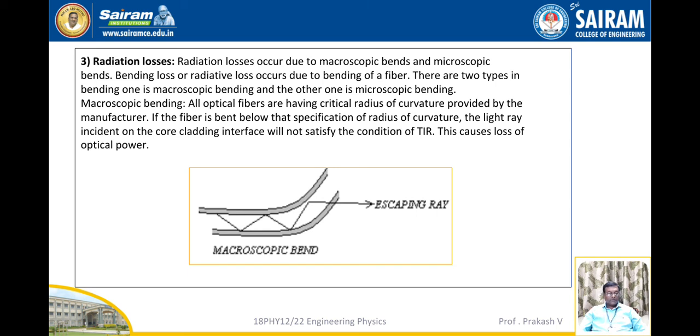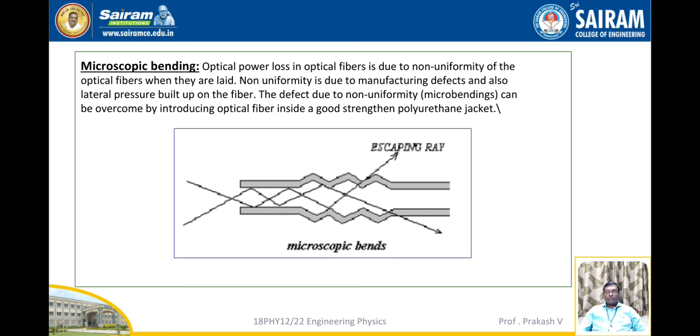Next, I want to look at microscopic bending. Optical power loss in optical fiber is mainly because of non-uniformity of the optical fibers when they are laid. Non-uniformity is mainly due to manufacturing defects and also lateral pressure built up on the fiber.